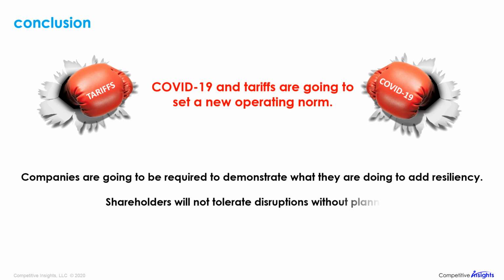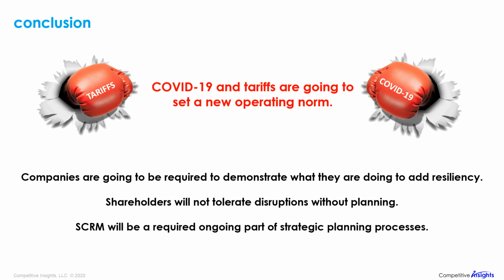Shareholders will not tolerate having disruptions where there's been nothing to address them in advance or during that is adding resiliency. So we believe this is something that is going to be a required ongoing part of S&OP processes or other operational strategic planning processes in order to demonstrate that resiliency.